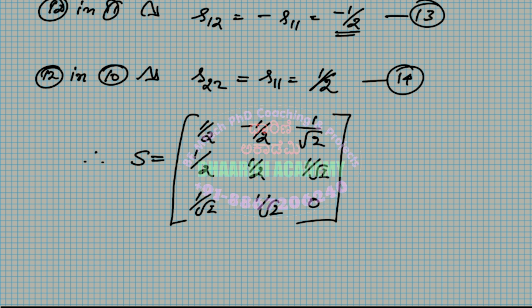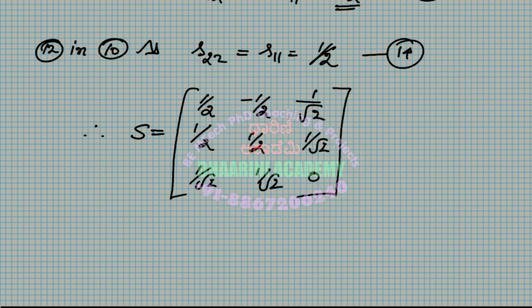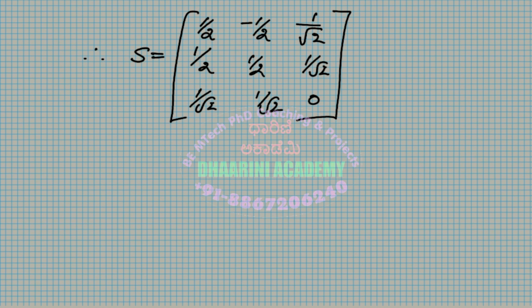Just go through this once and let me know if you have any doubt. No doubt, right? Okay, let's proceed further. Using this S matrix, we will be able to calculate the output from any of the ports, provided you know the inputs.